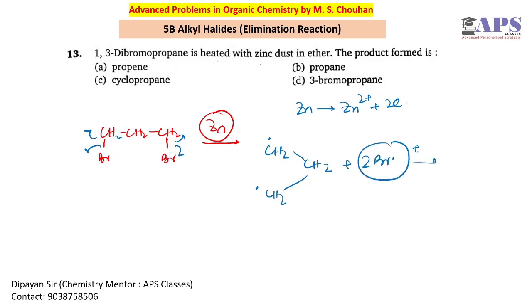These two Br dot will accept two electrons, become two Br minus, and these two C dot will combine with each other and a cyclic product will form. So this is your final cyclic product, which is known as cyclopropane. Okay. So for the question number 13, the correct answer will be option C.